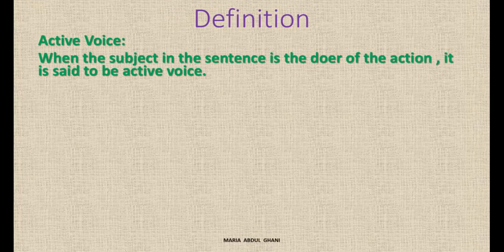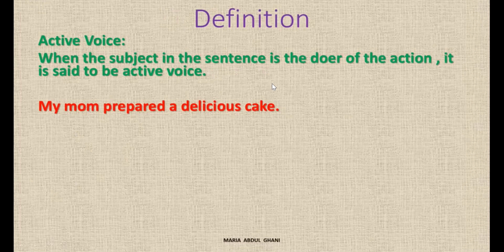When the subject is the sentence, is the doer of the action, it is said to be active voice. Okay, how is it? The example, read it, please. My mom prepared a delicious cake. Okay, here, where is the subject in this sentence? Who wants to answer? Just raise your hand. Who is the subject in this sentence? Salam. My mom. Okay, my mom is the subject. Fine.